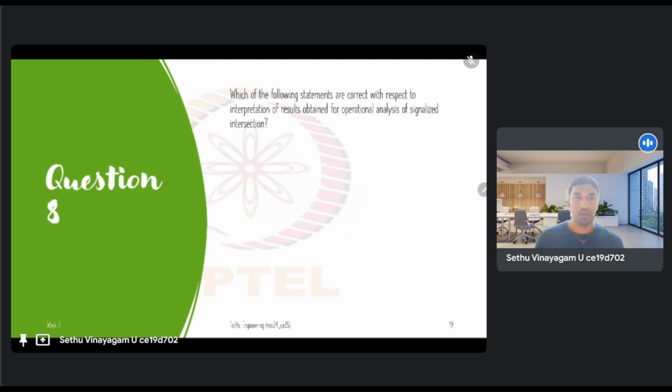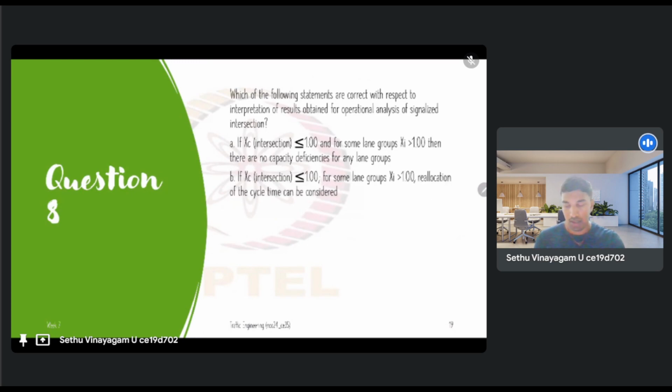Then, moving on to question number 8: which of the following statements are correct with respect to interpretation of the results obtained from the operational analysis of a signalized intersection? The options are: A, if Xc, which is the v by c ratio for the whole intersection, is less than 1, but for some lane group Xi is greater than 1, then there are no capacity deficiencies for any lane group.